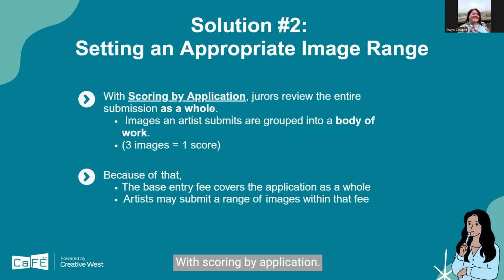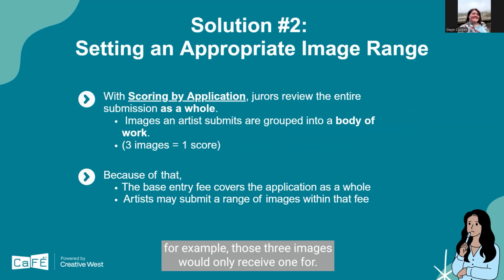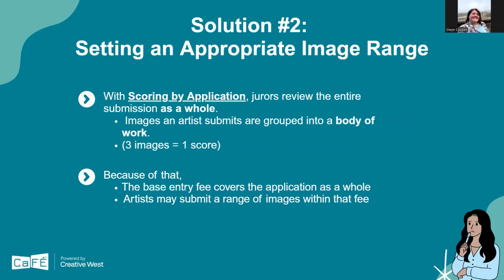With scoring by application, on the other hand, jurors are reviewing the entire submission as a whole. Images an artist submits are grouped into a body of work. And again, really, if an artist is submitting 3 images, for example, those 3 images would only receive 1 score.